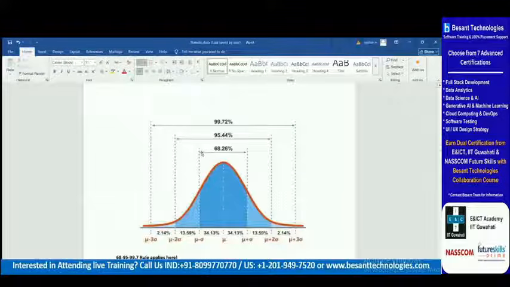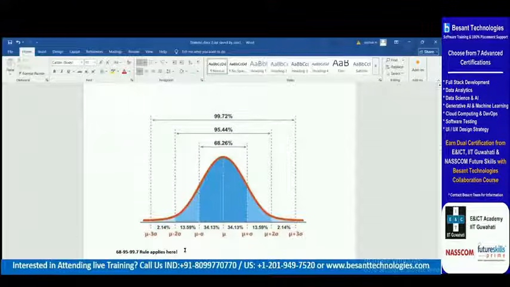If the data set lies within the bell, which is a certain percentage of data, the curve does not touch the horizontal line but gets very slantingly close to it. At that time, both sides together are 95.44%. Never ever in a normally distributed data set does the curve touch the horizontal line at all. Okay, so that's why we are applying this rule.